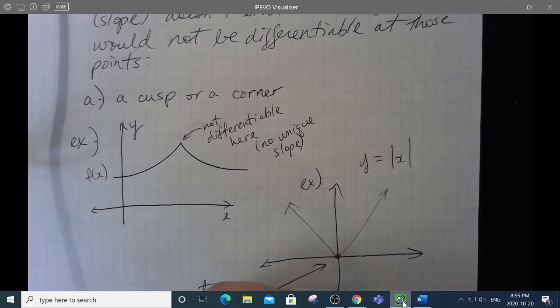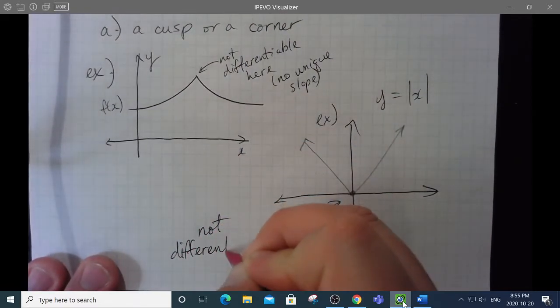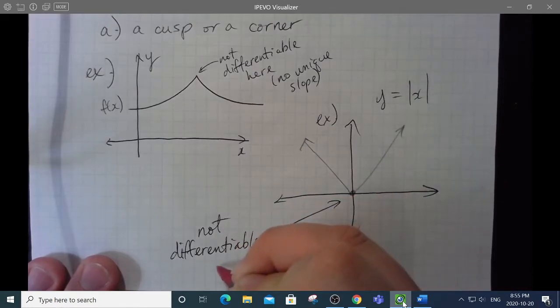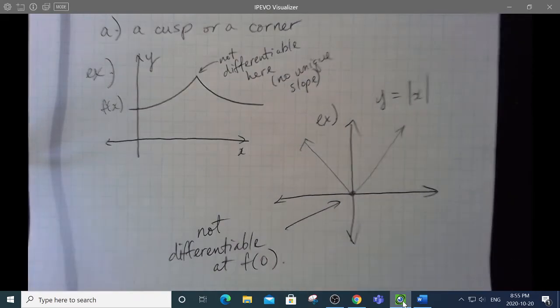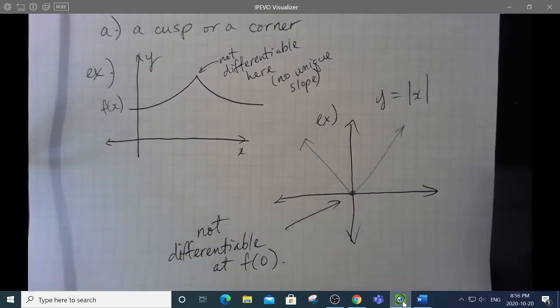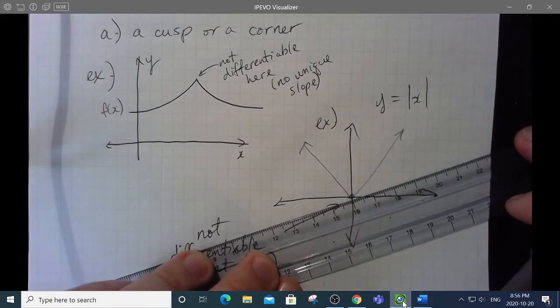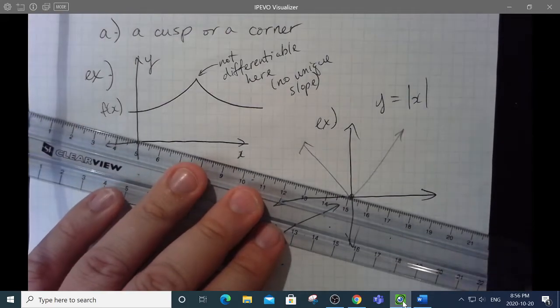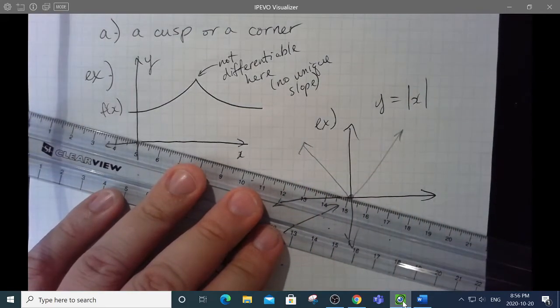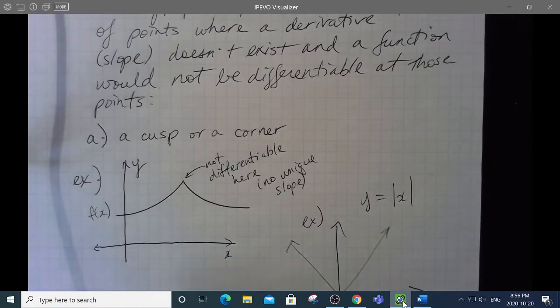Not differentiable at f of 0. Because again, what would the slope look like here? Well, does it go this way, or does it go that way? Technically, I could make infinite lines that touch that particular curve at exactly one spot. So, cusps and corners cannot be differentiated.